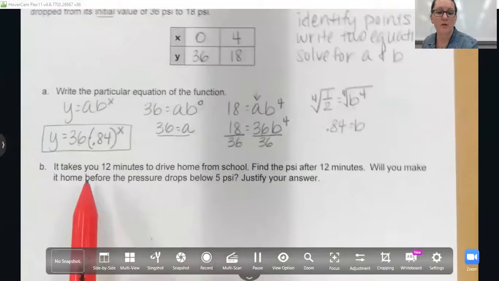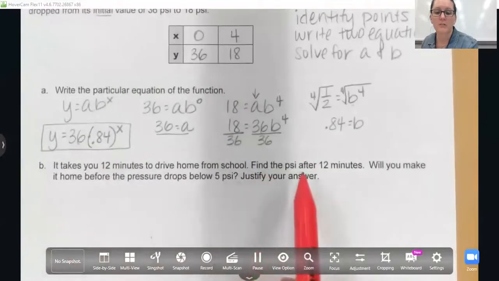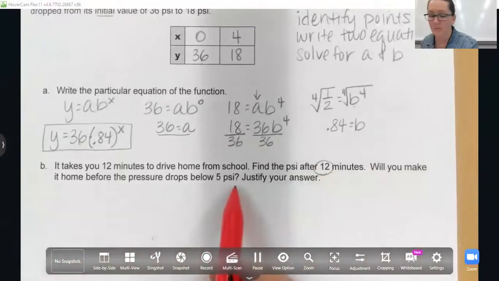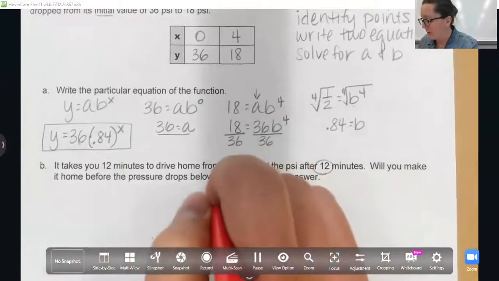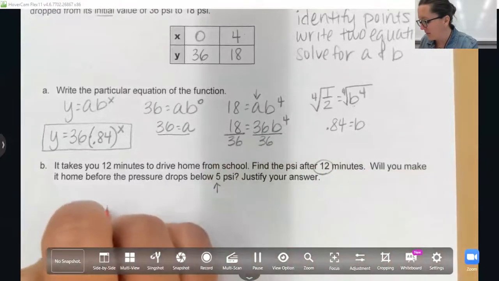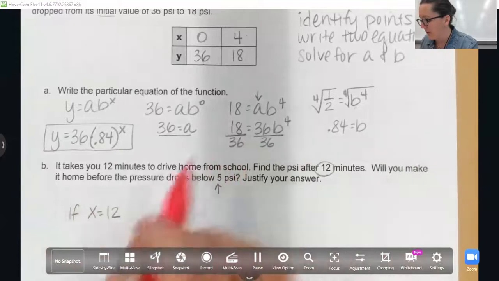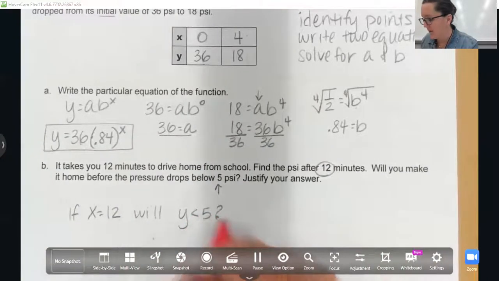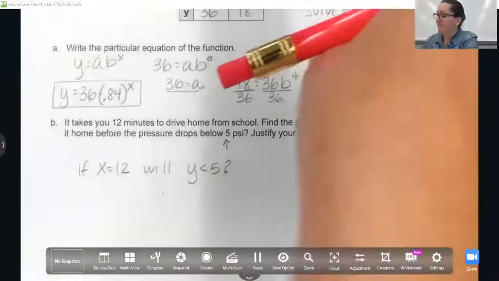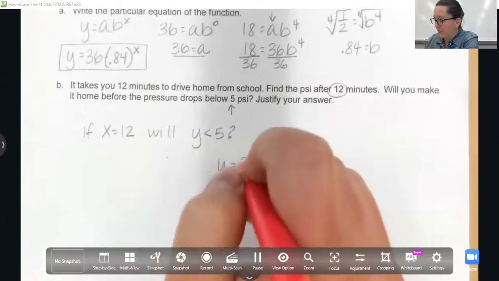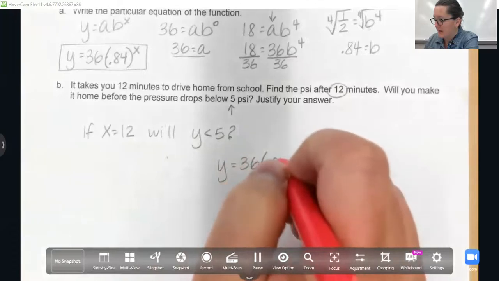All right, so it takes you 12 minutes to drive home from school. Find the PSI after 12 minutes. Will you make it home before the pressure drops below 5 psi? So we want to know if x equals 12, will y be less than 5? We're going to use our function that we created, and plug in 12 for x because x is time, right?